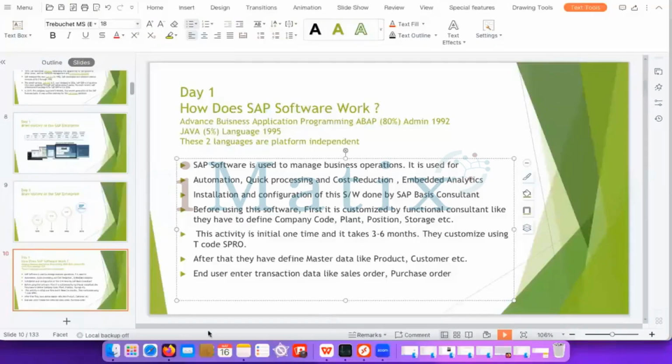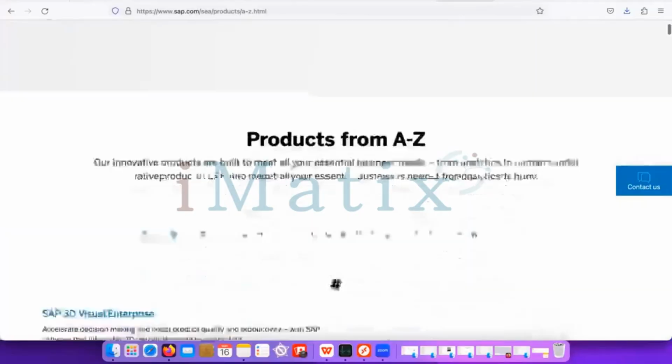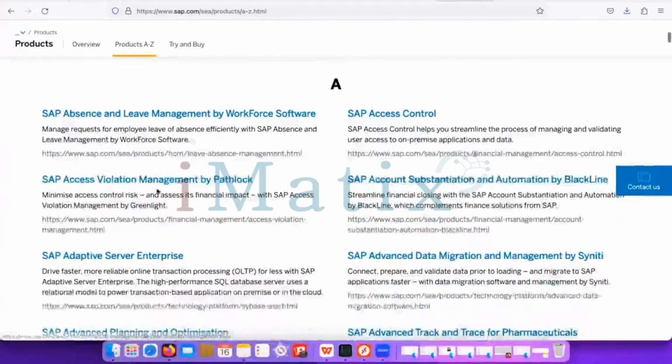In SAP, we have different types of consultants. You understood, this software is written in which language? Most SAP software is written in ABAP language, but not all. If you go through the A to Z of products, you cannot say that, for example, SAP Access Violation Management by Pathlock is developed in ABAP.